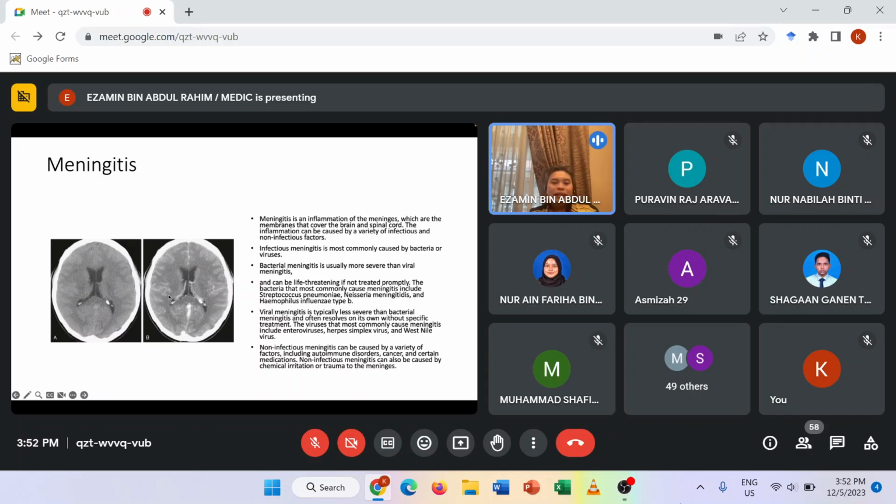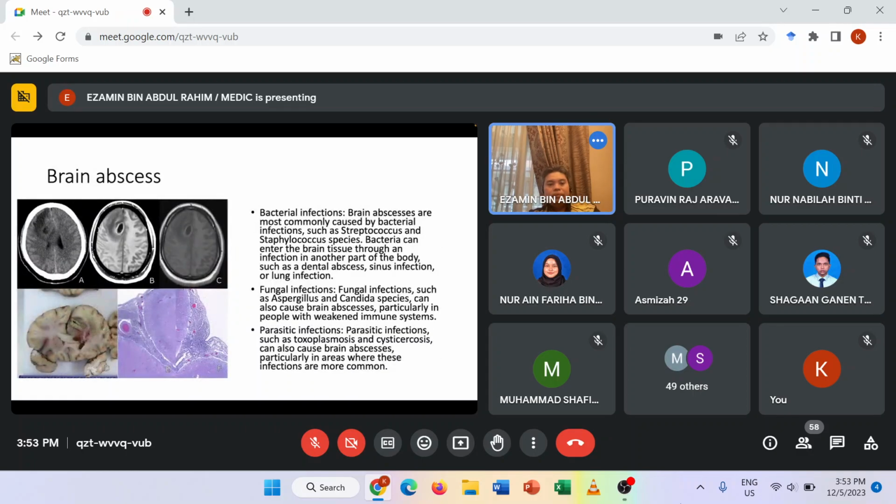Not to say capillary, but the vessels of the meninges will light up. So the causes are many. Most of the time it is staph and streptococcus and staphylococcus. Viral meningitis also, that's why we cannot differentiate between these two.